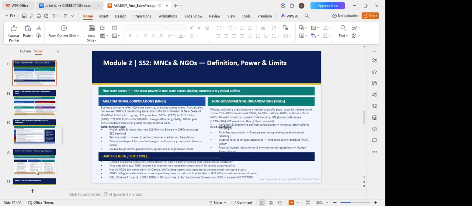Another one is economic exploitation and environmental degradation. Economic exploitation in the sense that all these multinational corporations you are seeing, sometimes they don't pay the staff the due salary they're supposed to pay them.